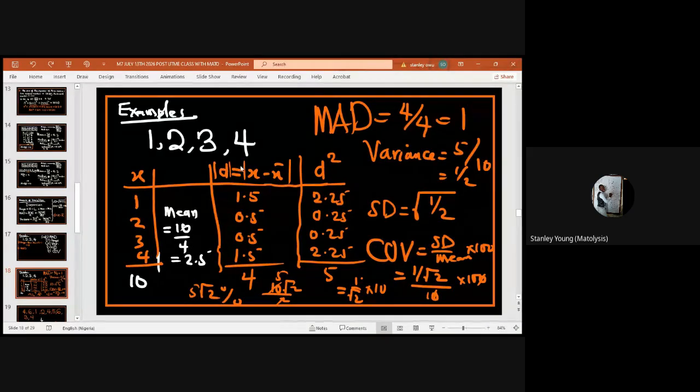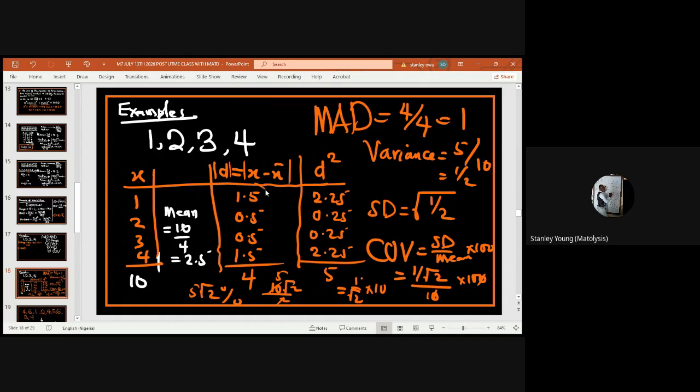Then we got the deviation from the mean. Deviation from the mean means x minus x bar, but we need the absolute value. Absolute value means we are not going to record negative. Normally, if we do 1 minus mean, which is 2.5, that should have been minus 1.5. But we are not interested in negative.